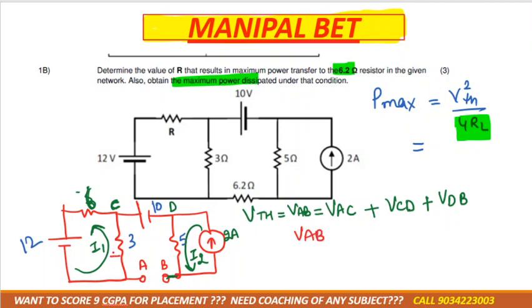So VAB, let's mark the signs as well. So we have to take the second sign, right? A to C, that would be minus I1 minus 5 I2 is equal to V. Correct or not?